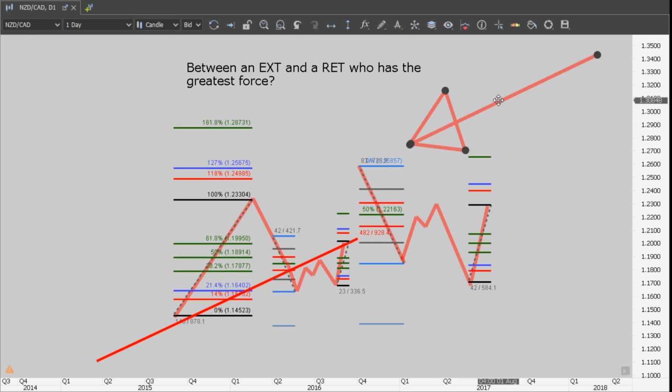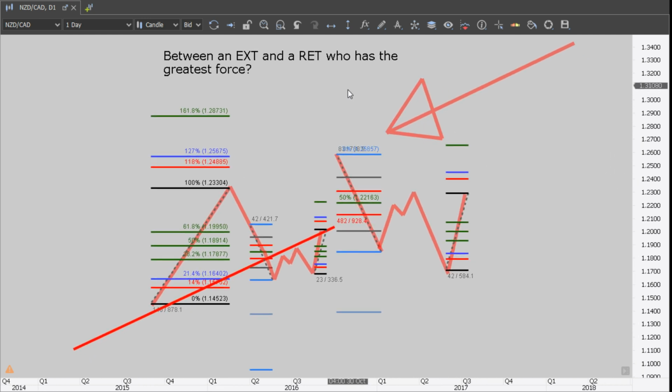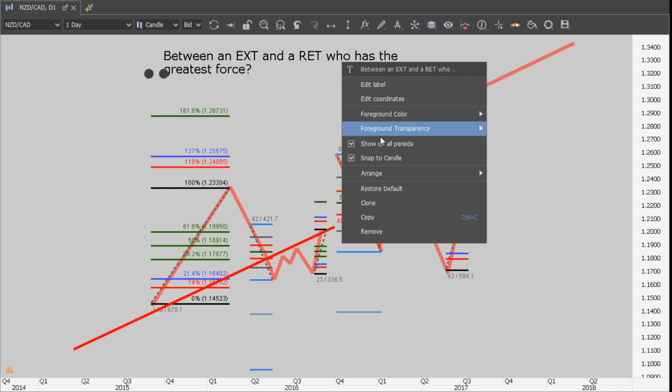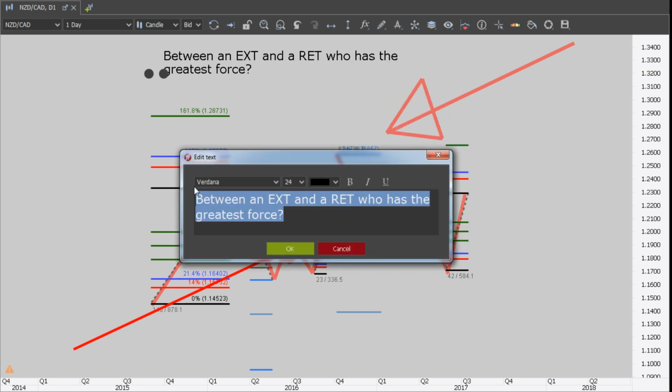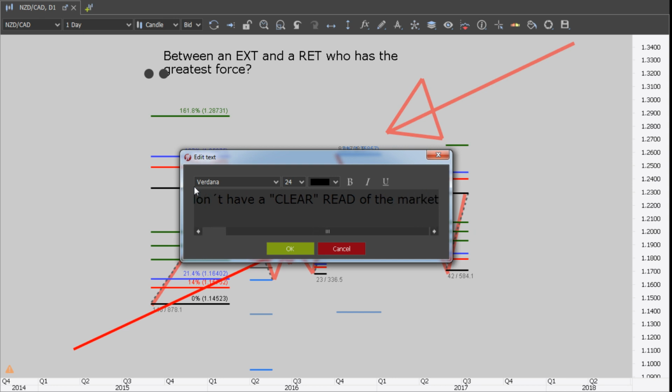Yes. Okay. And the most important question is, if I don't have a clear read, I don't know if my English is correct, if I don't have a clear read of the market, what should I do?